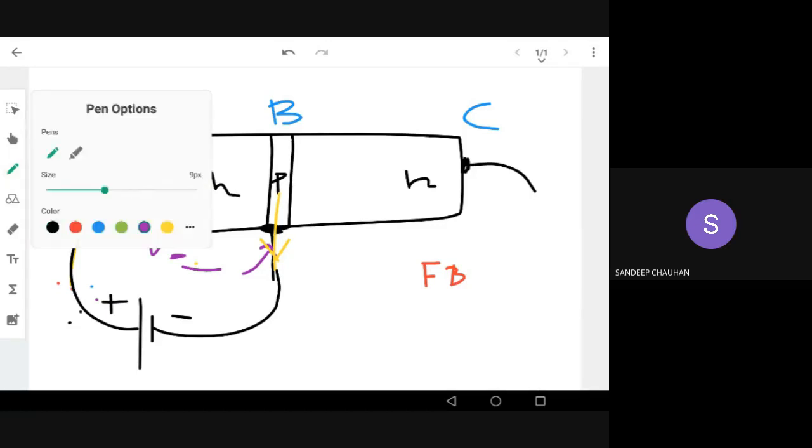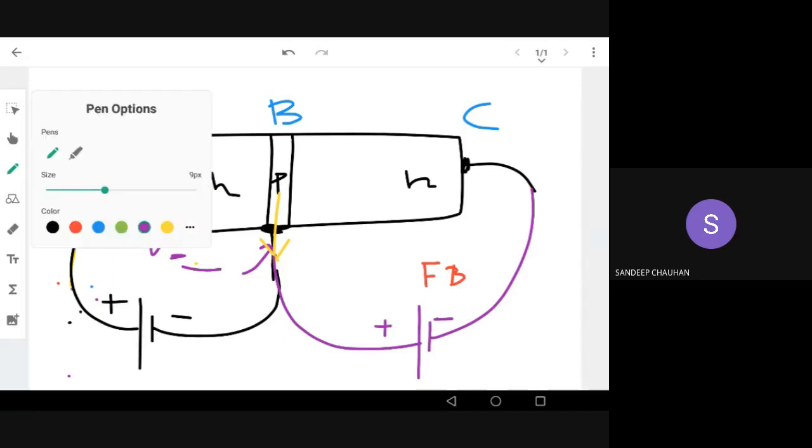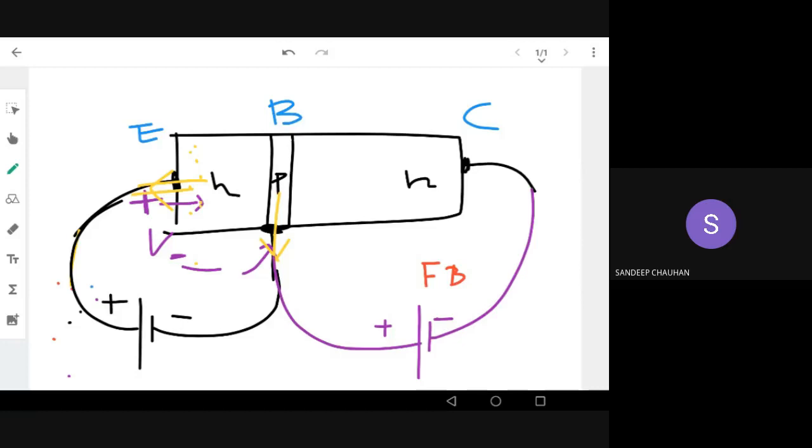Okay. Now let's again connect a forward bias here. Forward bias here means this should be positive plus and this should be negative. This should be connected to the collector. Again we can see that it acts as forward bias, it will be forcing the electrons into the P region and there may be a current flow here, but still it simply acts as a simple diode.